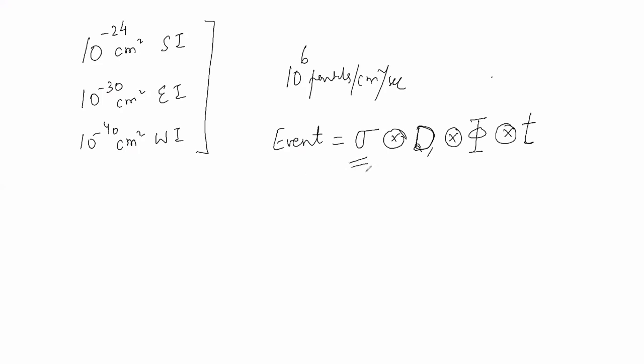Where this is going to play a role, if it is a weak interaction process, this number is quite low. Therefore, we will expect a very small number of events.